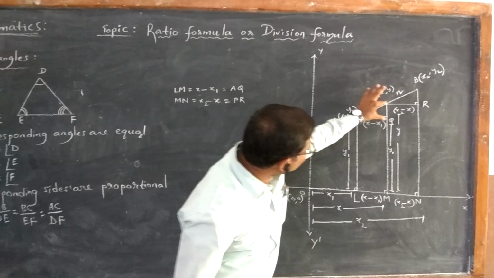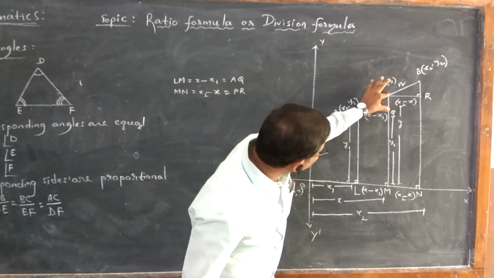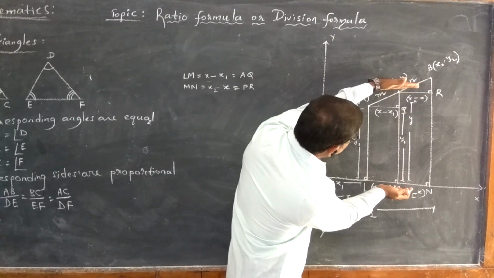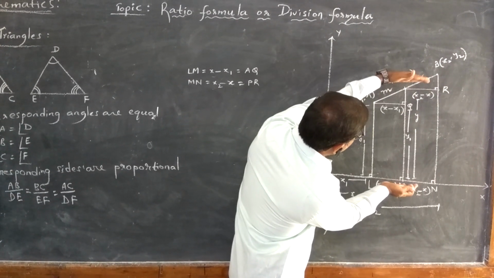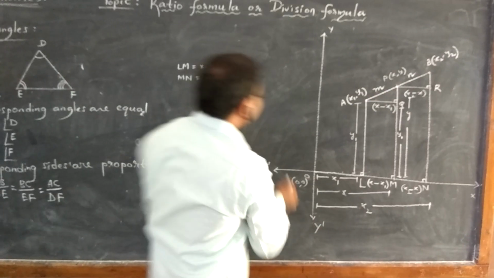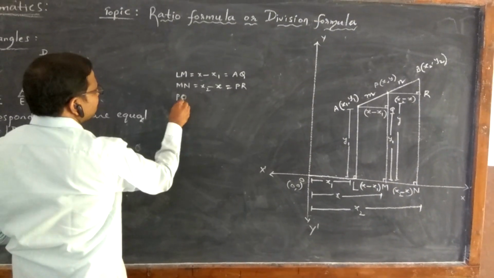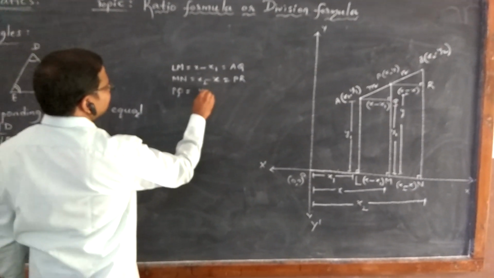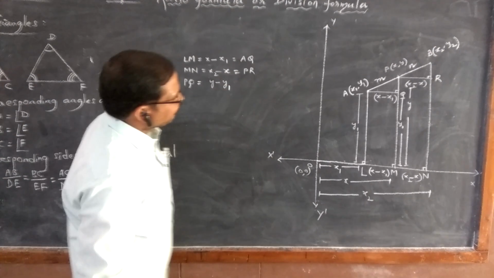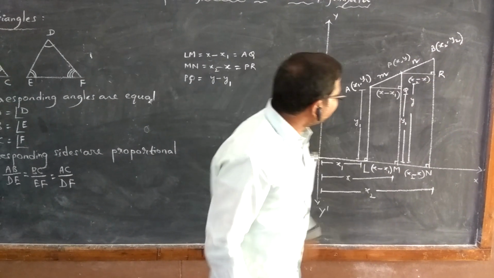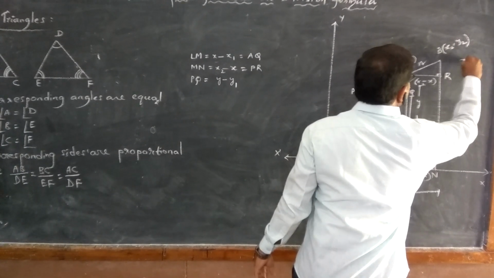Now can you say about PQ? What is PQ distance? Total minus, that means PM minus QM. Total distance is y and this is y1. So PQ will be y minus y1. Okay, y minus y1. Similarly, I want to find BR. What is the total distance here?